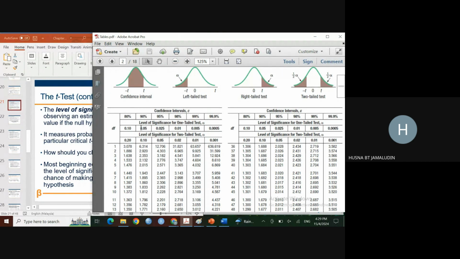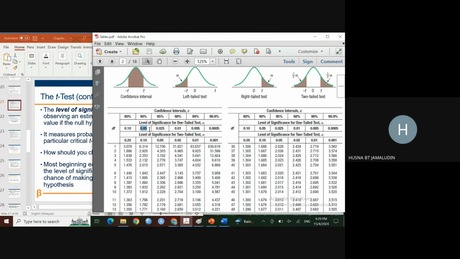What do you mean by alpha equals 5%? What do you mean by level of significance is 5%? 5% means that your confidence level is equal to 95%. Let me rephrase. You are 95% confident that when you reject your H null, your result is correct.